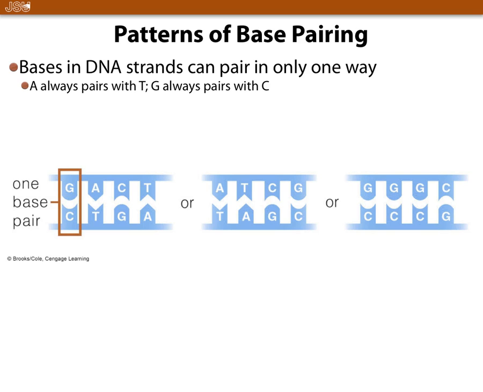A pairs with T, G pairs with C. You might even see a diagram like this, where I might take that, let's just say that middle picture, ATCG, okay? I might have that picture and then the bottom one absent. And then I might say, what would pair with this? And you'd have to say TAGC. Something like that. Okay.